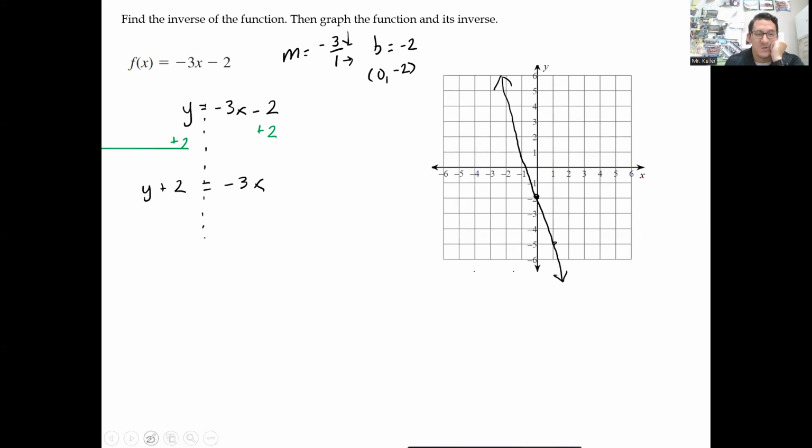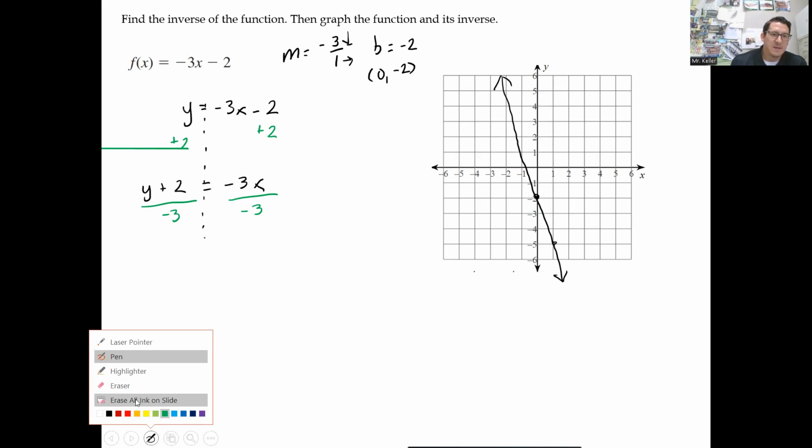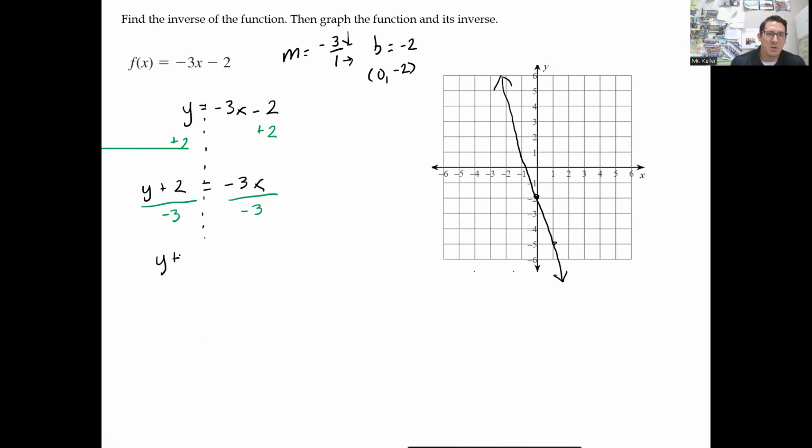And then I need to divide by negative 3. And we get (y plus 2) over negative 3 is equal to x.